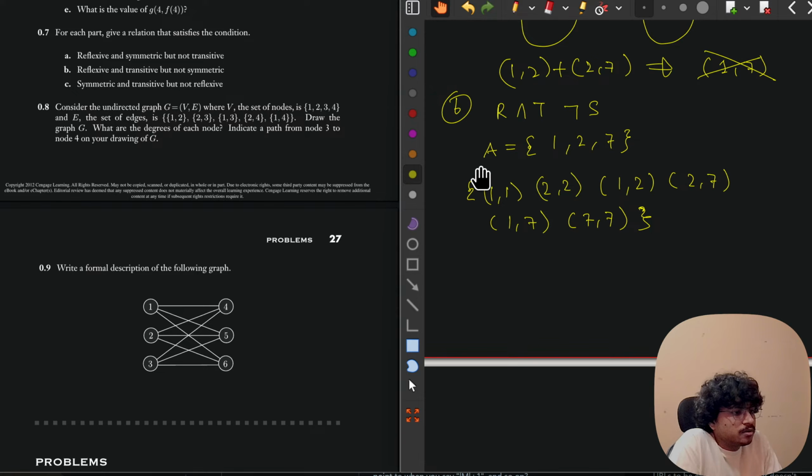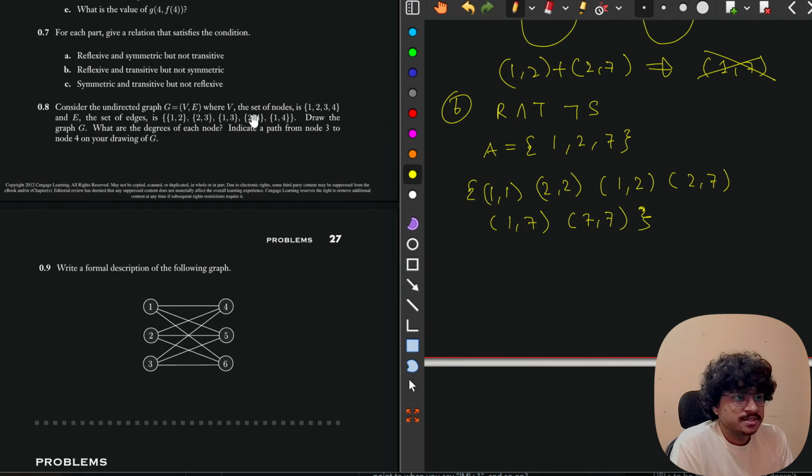Yes, correct. Fine. So this relation is not symmetric, as there is no 7 comma 2 present or 7 comma 1 present.